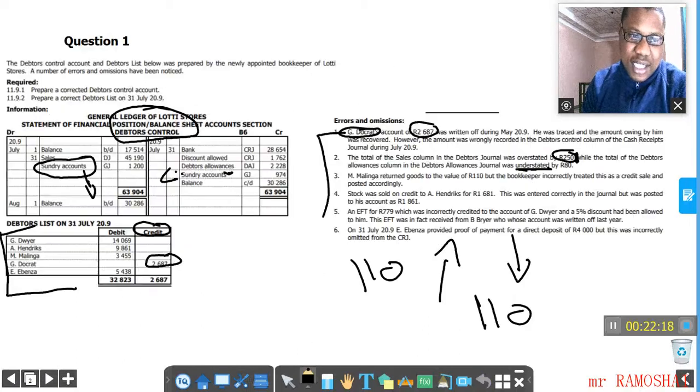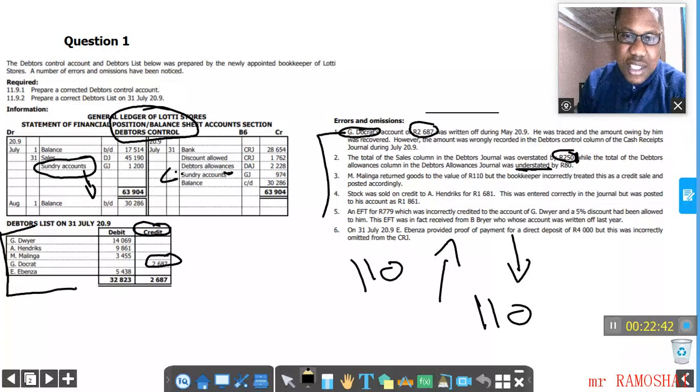Now let's go to the next error, which is number 4, right? Stock was sold on credit to A. Hendricks for 1,681. This was entered correctly in the journals but was posted to his account as 1,861. Right.